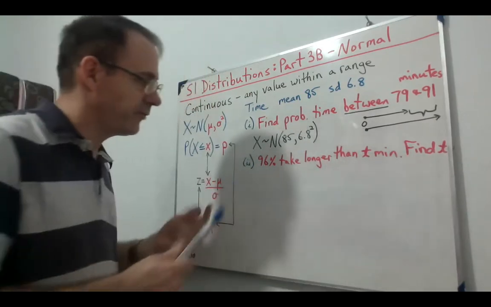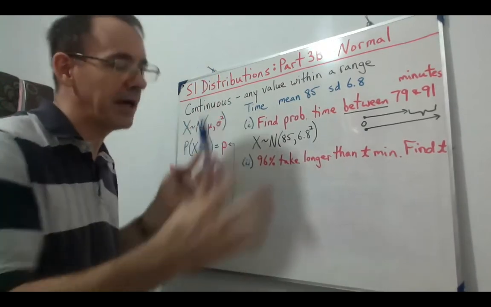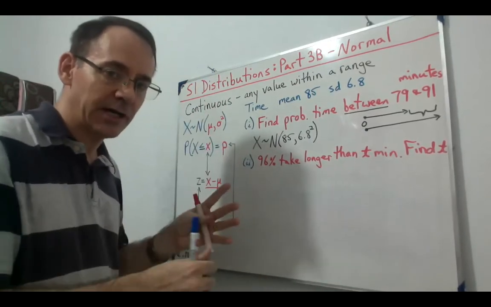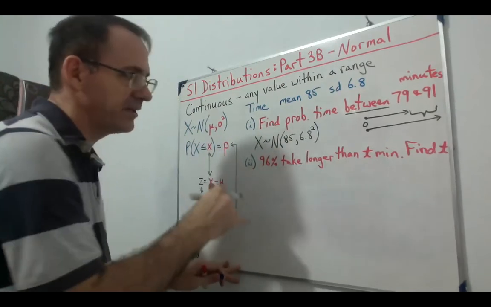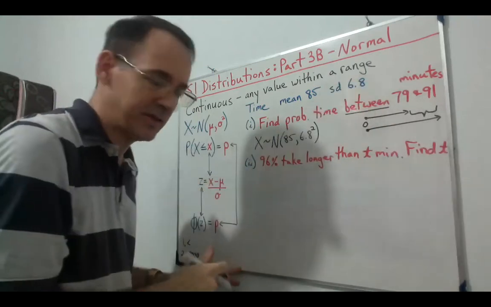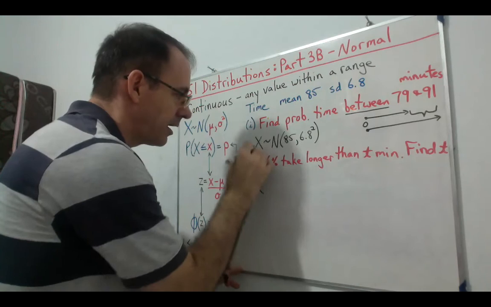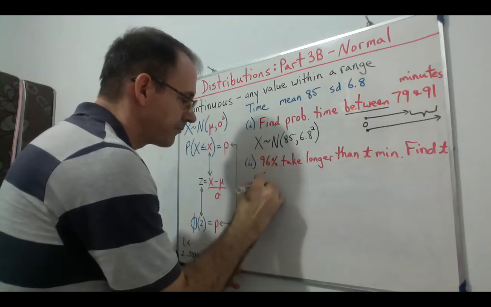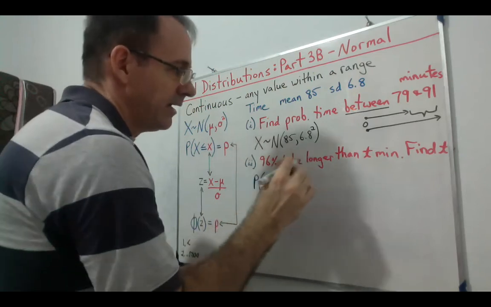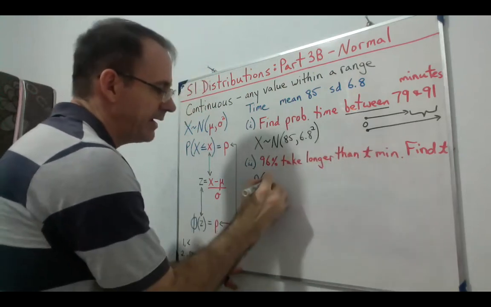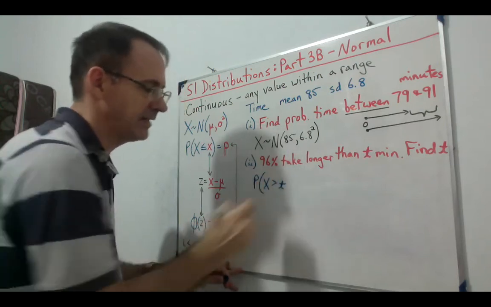So first of all, our notation didn't change. It's the same probability, same ferry crossing. So this is the same. What's different is now our probability statement. So our probability statement is our random variable x longer than t minutes, needs to be greater than t minutes.